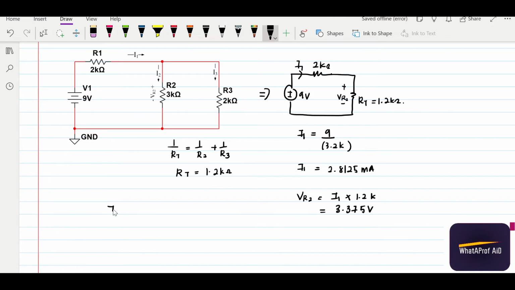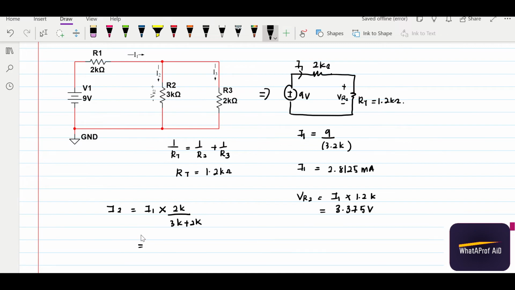Now we apply the current divider rule to get the I2. I2 equals to, using current divider, total current multiplied with, if you want to find the current flowing through this resistor, we have to multiply with the other parallel resistance, which is 2 kilo, divided by the total resistance of this one, R2 plus R3, which is 3k plus 1k.